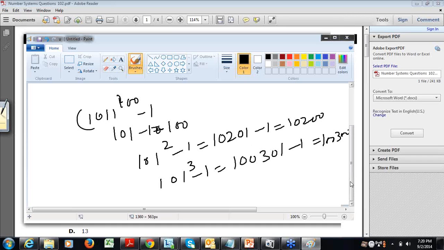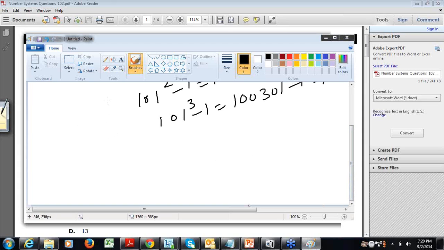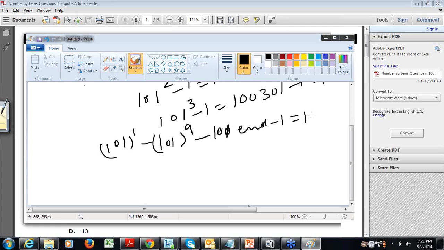So what you can actually infer from it is 101 to the power 1 till 101 to the power 9 will have 101 in the end. And if you subtract 1, it will have 100 in the end. So 100 will perfectly divide it.